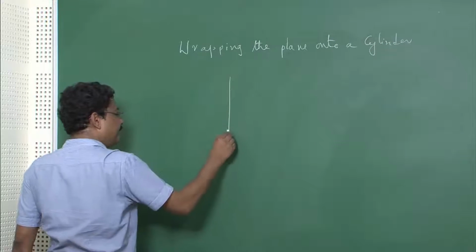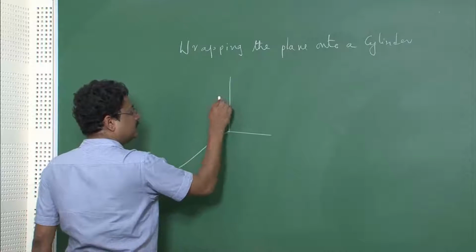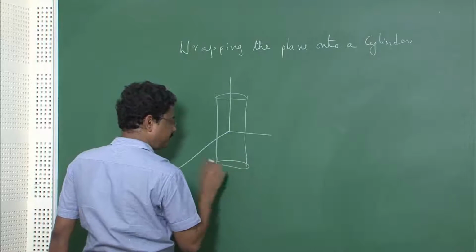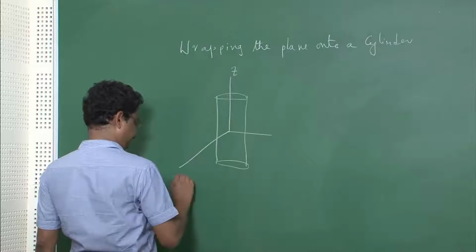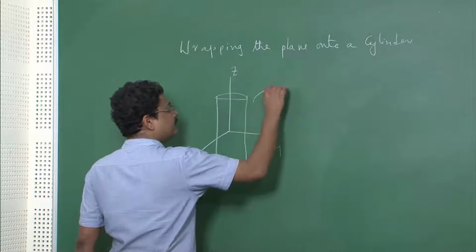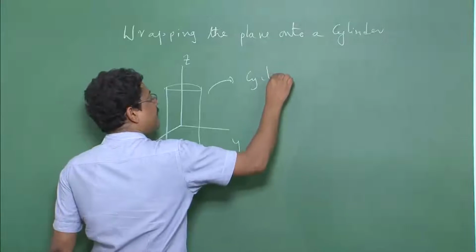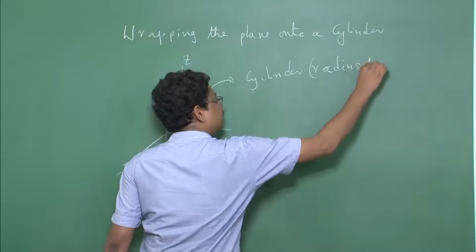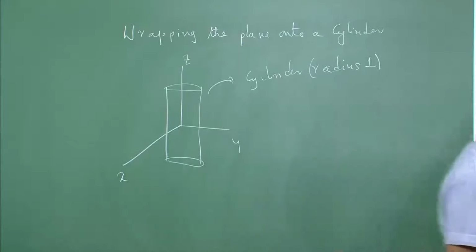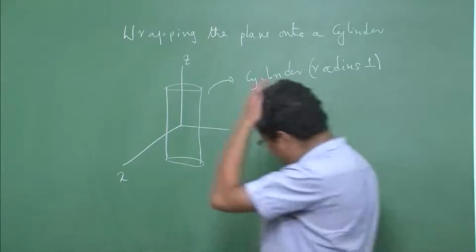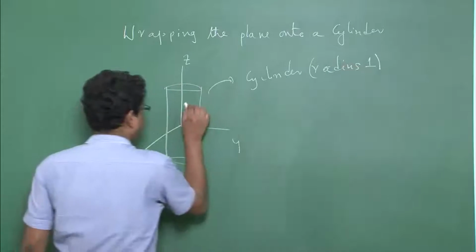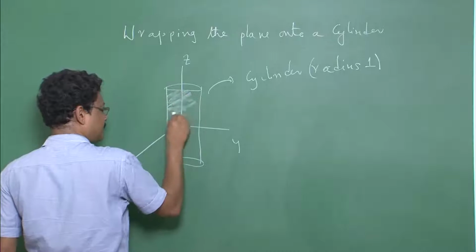So, I take this cylinder, this is my z axis, so this is a cylinder of radius 1. So, this is S. So, this is the surface of the cylinder.